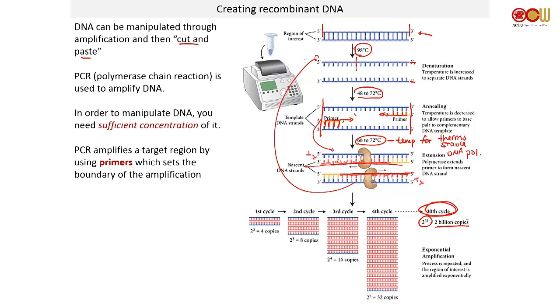So this is used to amplify DNA. And by amplification, I just mean that we're making more and more, physically, more and more DNA of this particular sequence. The reason why we're making more and more of this particular DNA is because in order to manipulate this DNA, you have to have a sufficient concentration of it. You cannot just have one molecule and then do stuff. No, you have to have a lot of DNA in order to do stuff to it. Okay? So that's that.